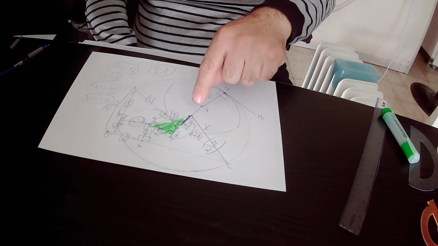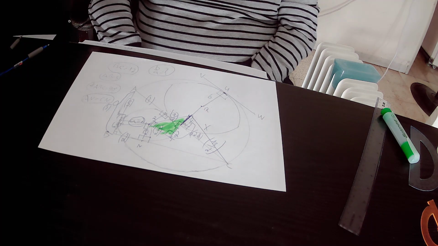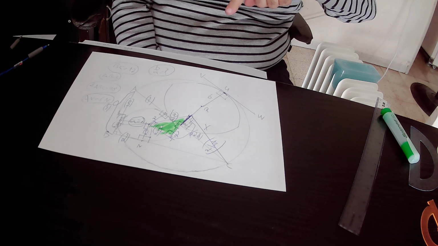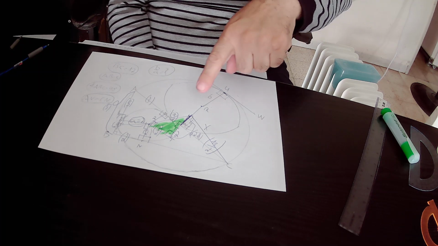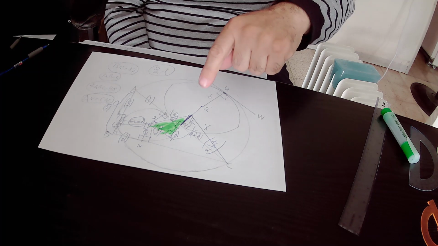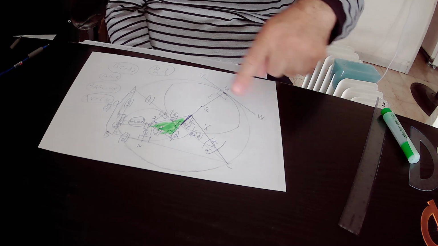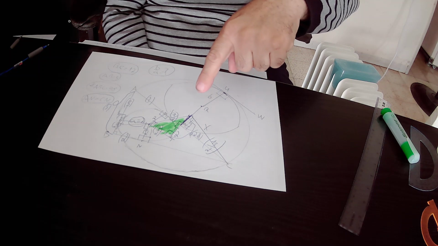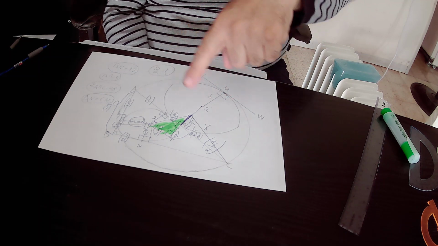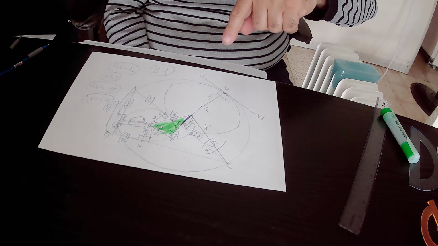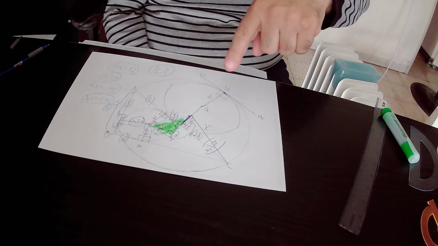Here we join points O and N together by a straight line. Point O is the center of the biggest circle. So from the center of the biggest circle, that is to say from point O, we draw line segment ON that bisects chord AC. Why does ON bisect chord AC? Because AN equals NC. And therefore line segment ON will also be perpendicular to AC.